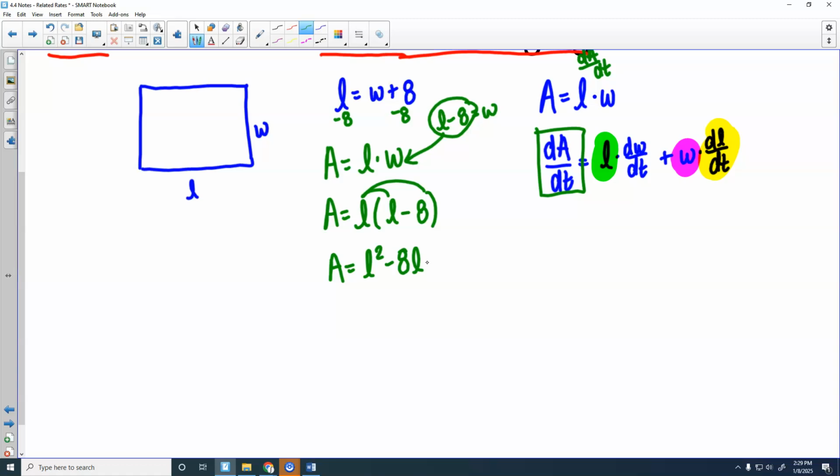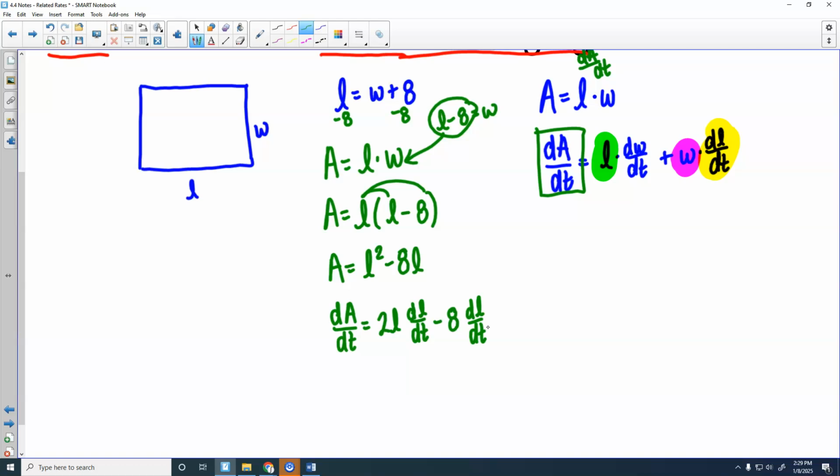Now, when I take the derivative of this, there will be no dW/dt, so this will work. If I take the derivative here, I'll get dA/dt equals 2L dL/dt minus 8 dL/dt. Everybody good here?